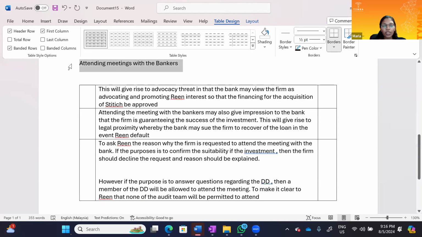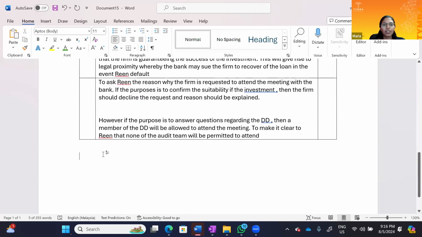Now one more point, then I'll give you a break. The next one is on the fact that they are asking us to do things quickly. First, we want to talk about the threat. The threat is intimidation.